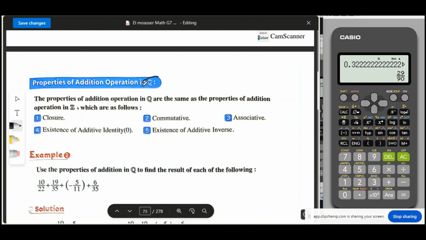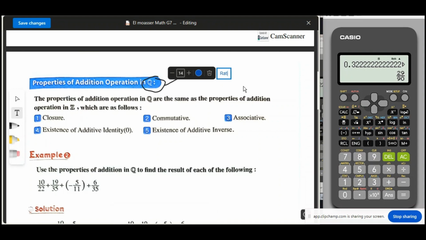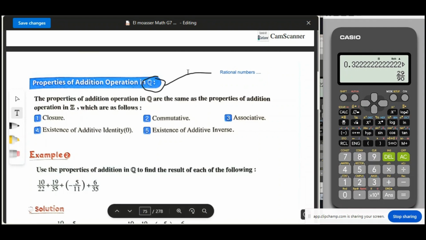Yes, you know Q. Q is what? Any one of you answer, Q is what? Rational numbers. Rational numbers. So Q here means rational numbers.